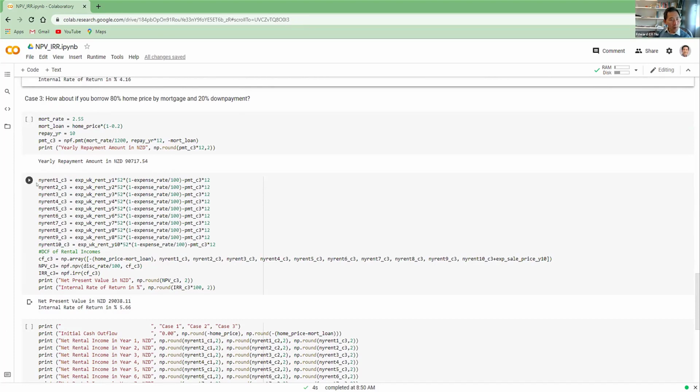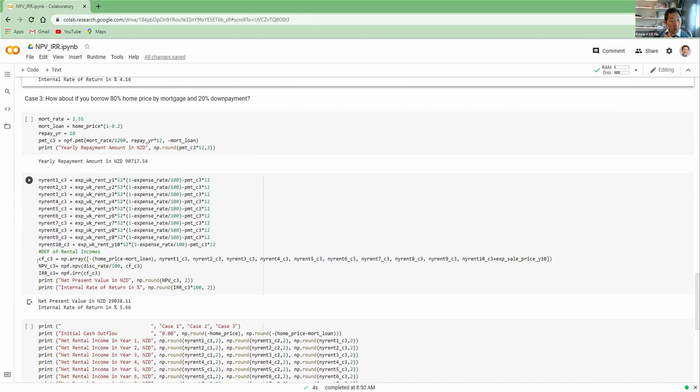So similarly, we define yearly net rental income, but this time we will deduct the PMT. Probably you still remember last time we made use of the PMT function to build a mortgage calculator, which requires the mortgage rate, repayment period, and the loan amount to identify the monthly repayment amount. Then we multiply by 12 to get the yearly repayment amount.